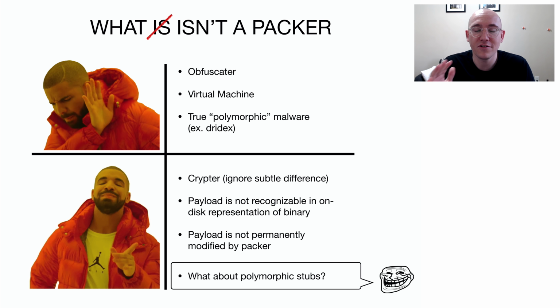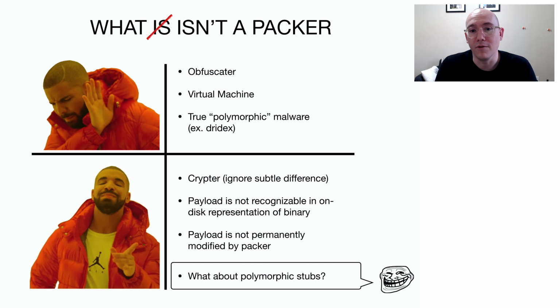But we want to make a distinction here. When we talk about polymorphic malware, we're talking about the payload actually changing. Each time you compile the payload, it'll change its format. A good example of this would be something like Dridex, where they have a custom strings library and a custom API library, and each time you compile the sample, even if it's an identical sample, it will look different. The code will look different because it will be obfuscated by these special libraries.